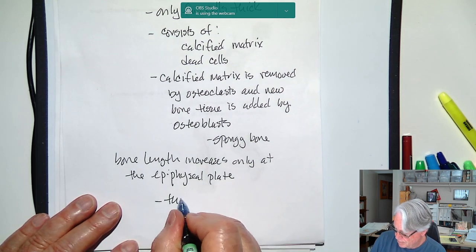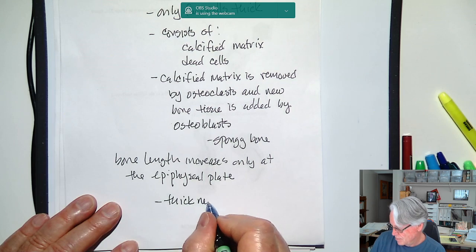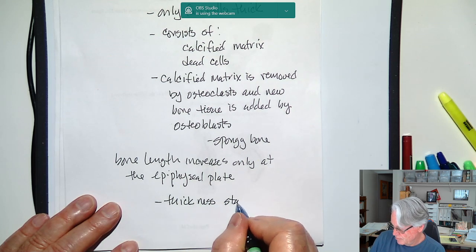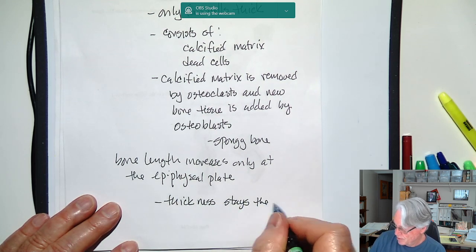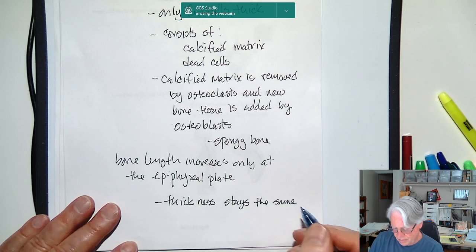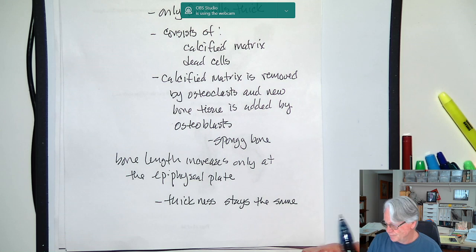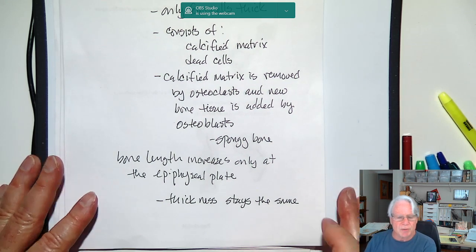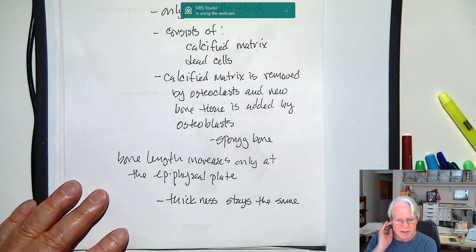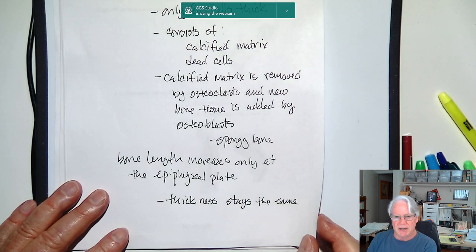Thickness stays the same. So we're growing in length, but thickness is not changing. So, of course, we're going to have to thicken the bone as it grows in length, and that's going to be the next thing we look at. I just want to finish off a couple of things that are related to this bone growth in length.